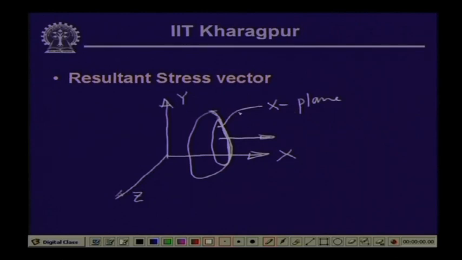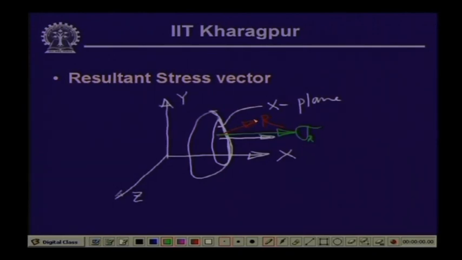Now, on this x plane we have, at a particular point, a resulting stress which we call R. If we take the components of this stress R in 3 perpendicular axis directions, then we have a stress acting in the direction of x, which is normal to this particular section, and as per the definition of normal stress, this is the normal stress acting in the x direction.